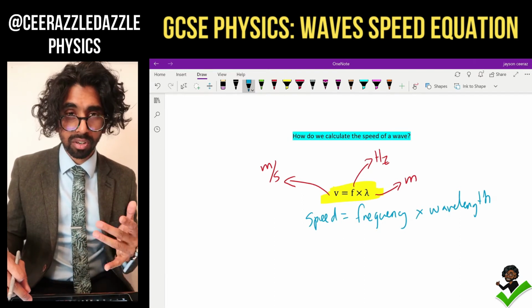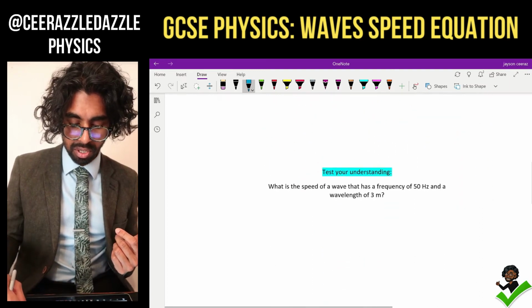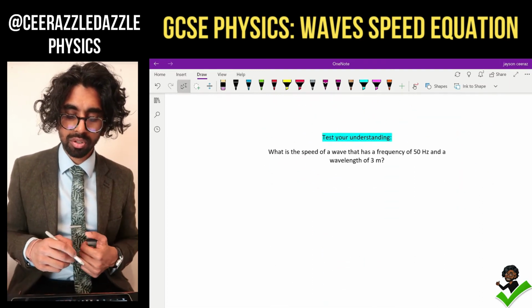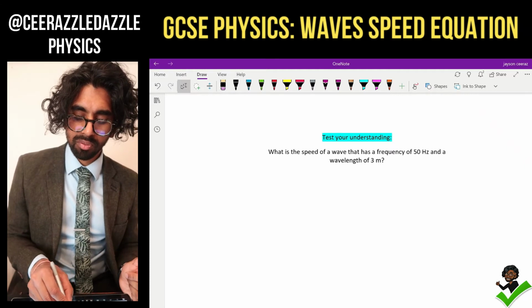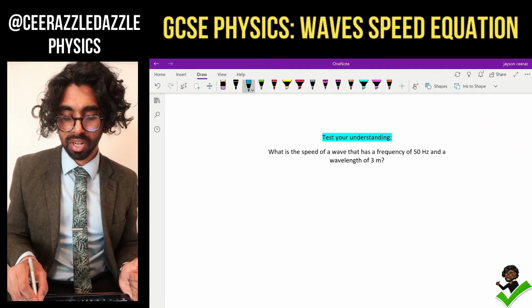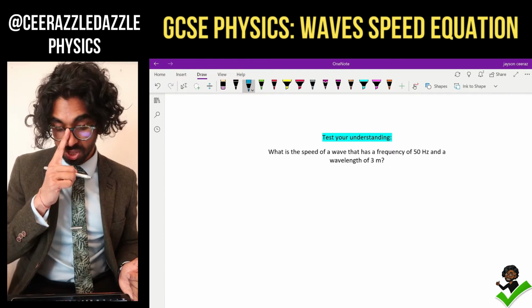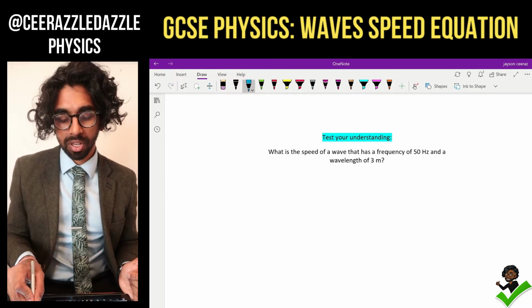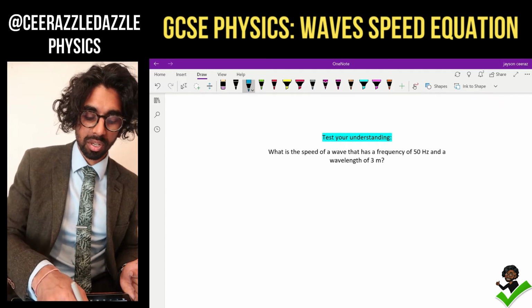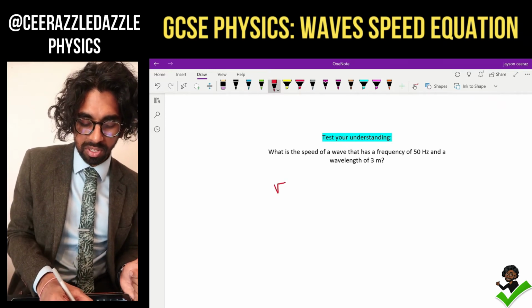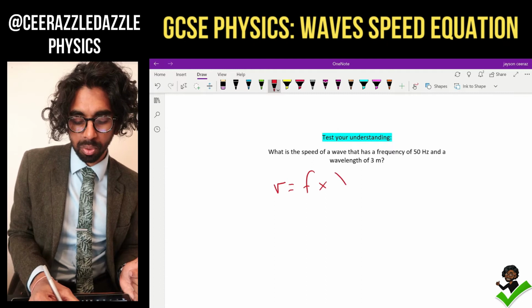Right, let's use a couple of calculations to get familiar with the formula. So, calculation number 1. Test your understanding. What is the speed of a wave that has a frequency of 50 Hz and a wavelength of 3 meters? Right, you know the speed of any wave is equal to frequency multiplied by the wavelength.